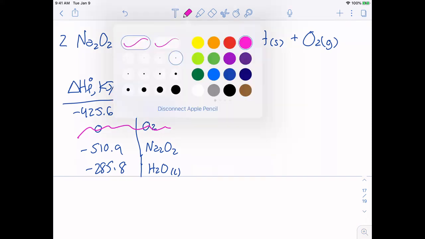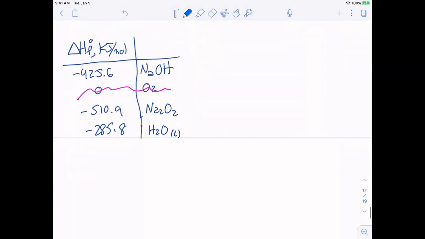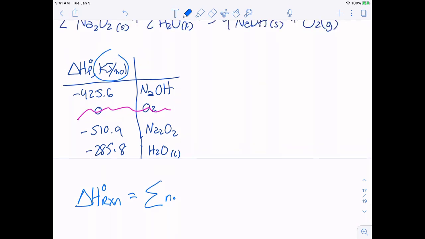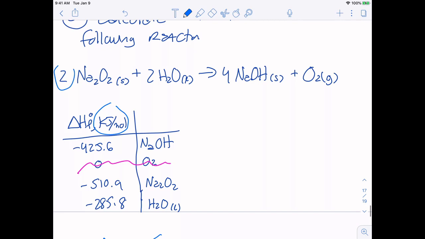So our formula for calculating it then, our overall enthalpy change for our reaction is actually going to be the sum of the products minus the sum of my reactants. So my sum symbol, and then I'm going to throw an N in there because I do need to multiply by the number of moles that I have, right? Remember, my enthalpy changes here are kilojoules per mole, but if I have 2 moles, then I need to scale that up by that factor of 2.